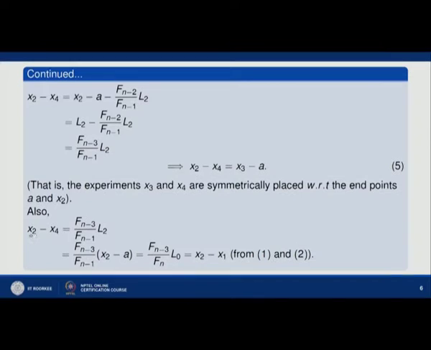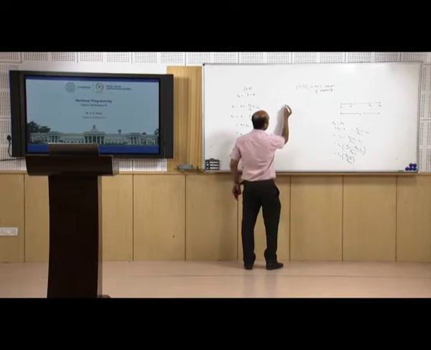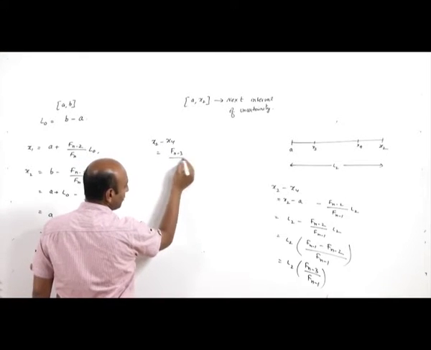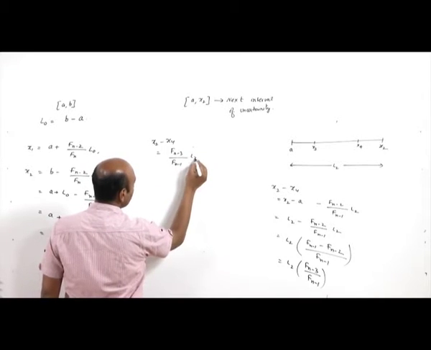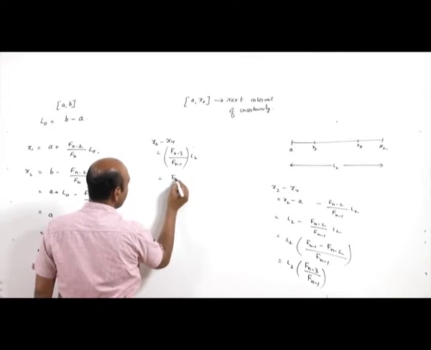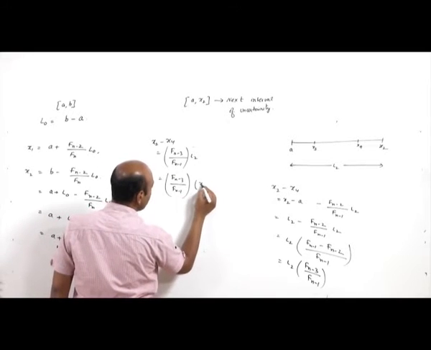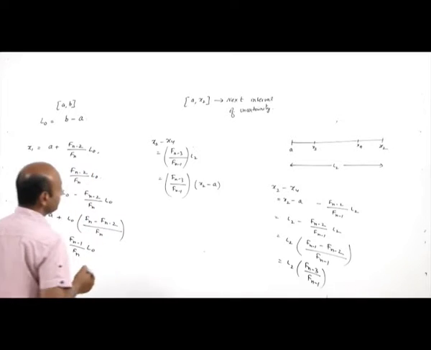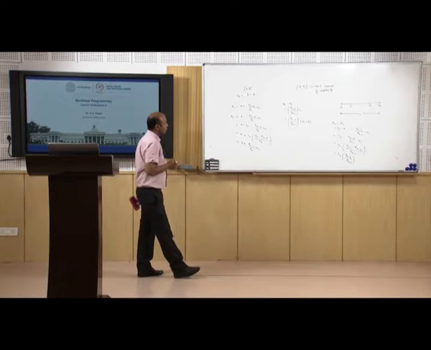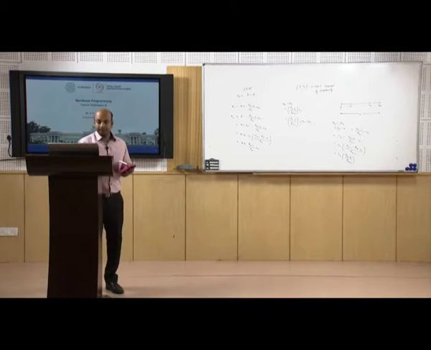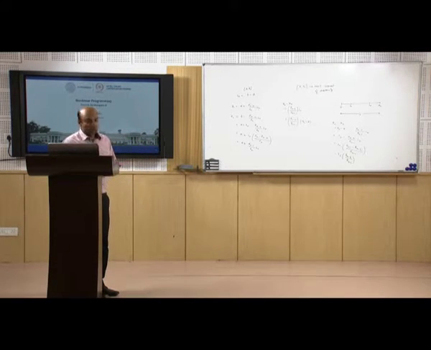Now, if we find x2 minus x4, which is this expression, what we have obtained is equal to Fn minus 3 upon Fn minus 1 into L2, and what is L2? L2 is x2 minus a, and this is using 1 and 2.